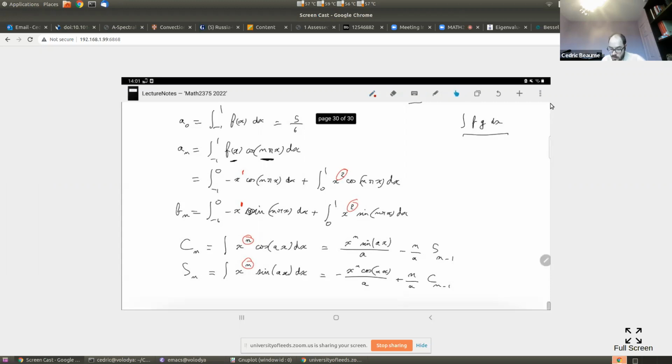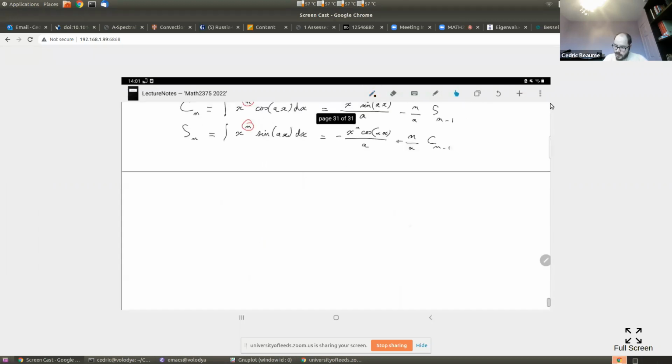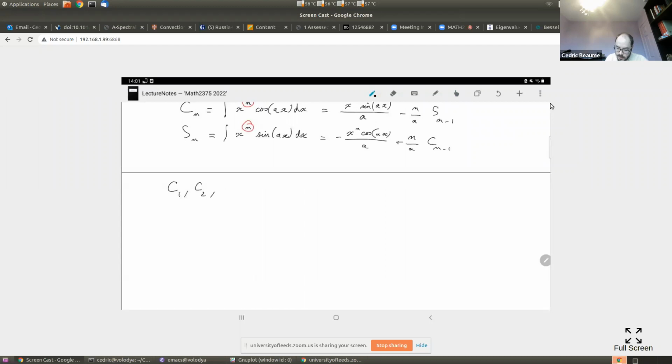So the only thing that you need to do in this question, there's a number of tricks, but that should guide you quite well, is calculate C1, C2, S1, S2. And that will give you the an, bn when you apply the boundaries of integration. All right, so that's all I've got to say.